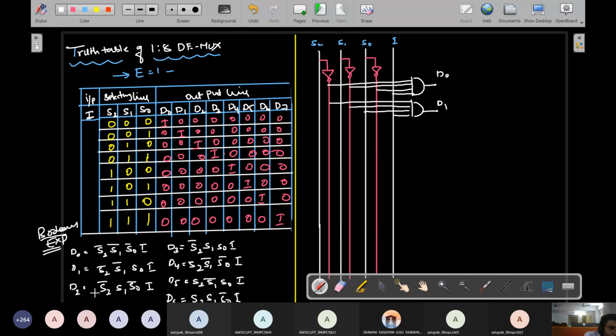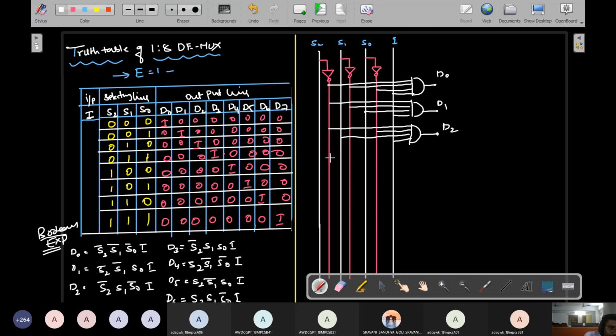Like D2, it is S2 bar, S0 bar, with S1 direct, and the output. So this is the terminal D2.